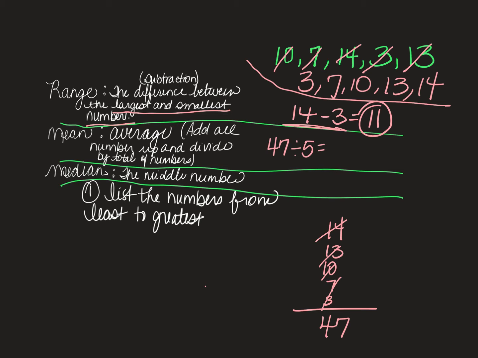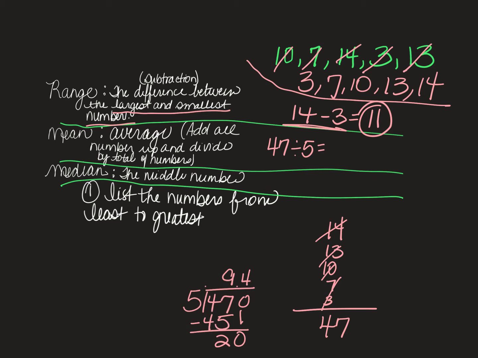You're finding the average, yes. So 5, you're not going to get an exact average here. 5 times 9 is 45, correct? I'm going to have 2 left over. Sometimes you will have a remainder, and sometimes you'll have an exact average.